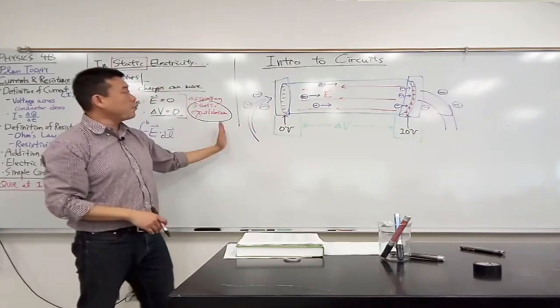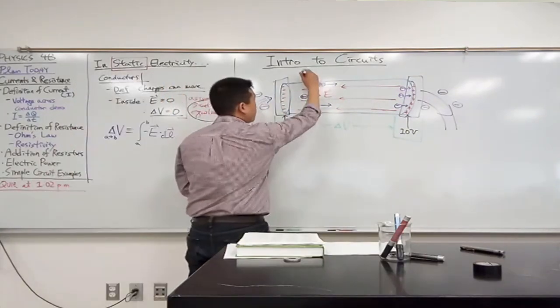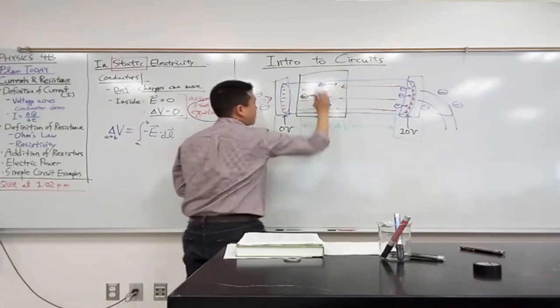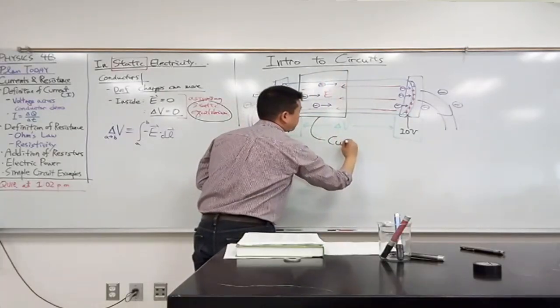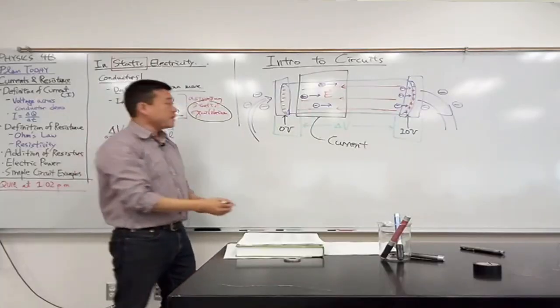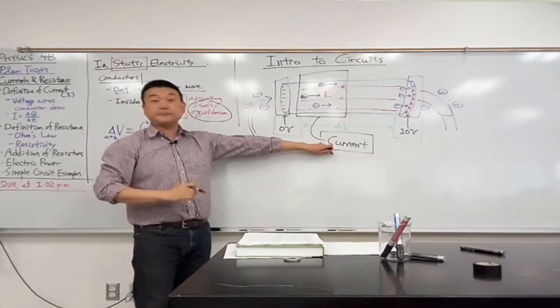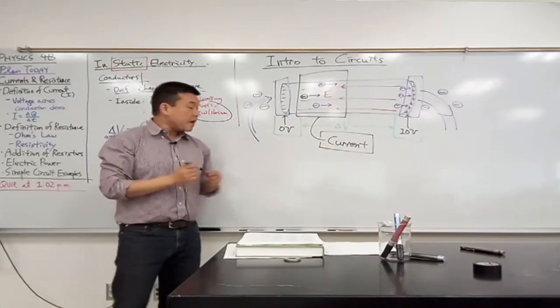So there has to be a continuous flow of charge here. This flow of charge is what we refer to as current, or electric current. And so this is now what we need to explicitly deal with. You can look at it this way.